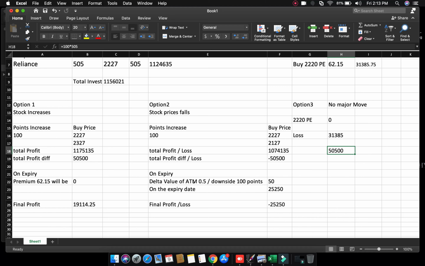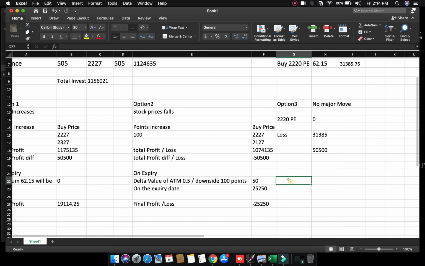So considering that the market price has fallen around 100 points, what will happen to the put side? The put side premium will start to increase. How much will it increase? Currently it is 62.15. Since we are buying the nearest strike price, which is at the money, as I said, the at the money delta value will be 0.5.